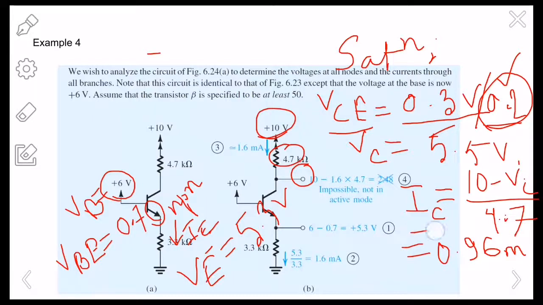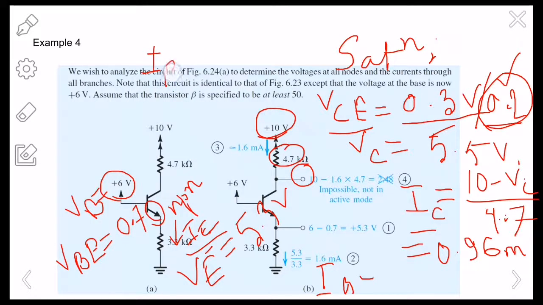Right now I know IC, so now I can find the value of IB, as I know the value of IE. Previously I calculated the value of IE. So IB, I can use the universal equation. Let me do it here, this will be much easier for me.